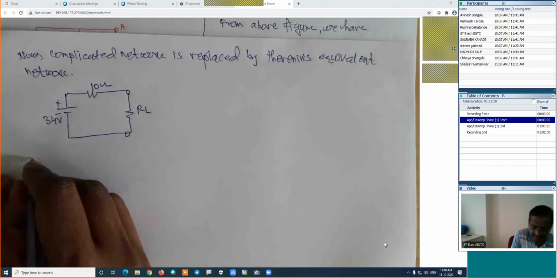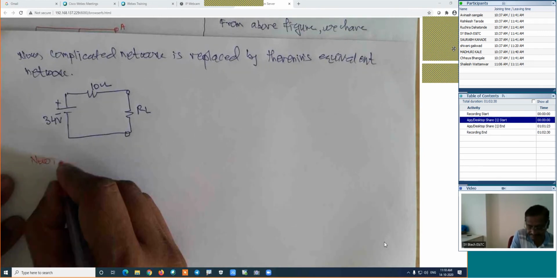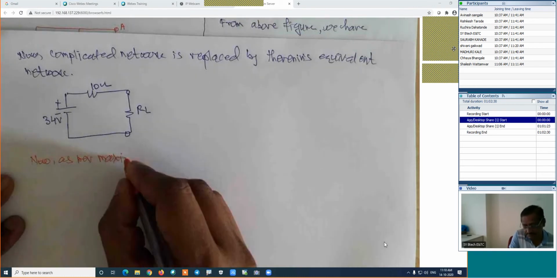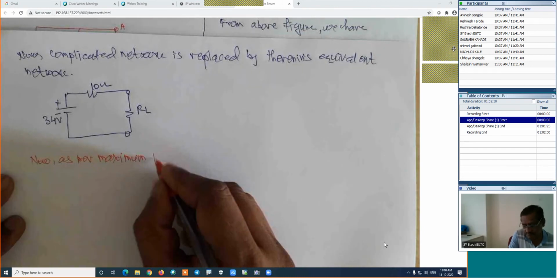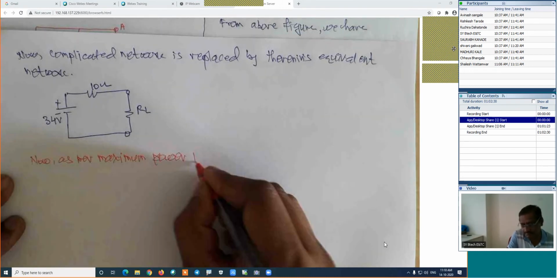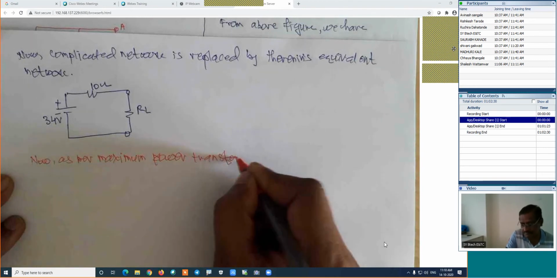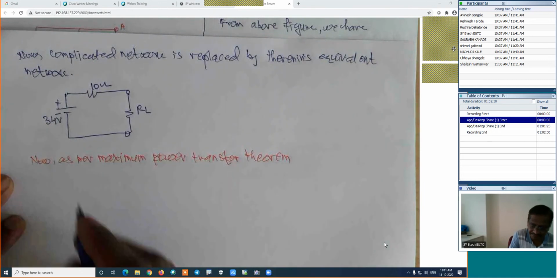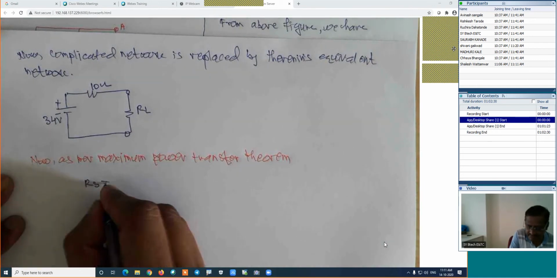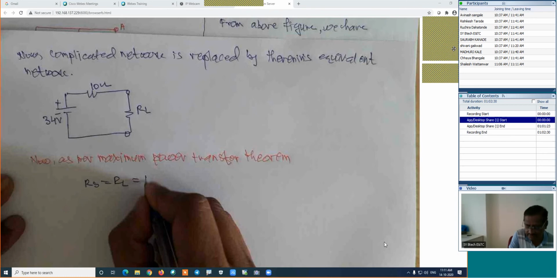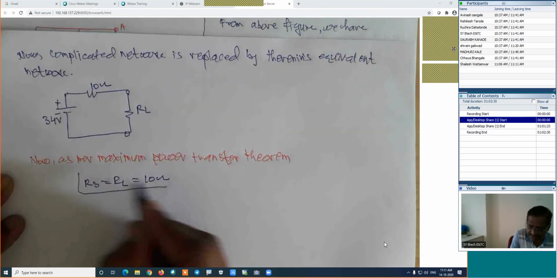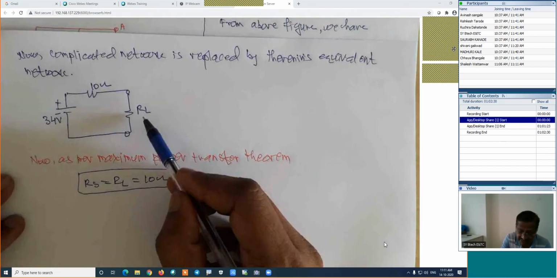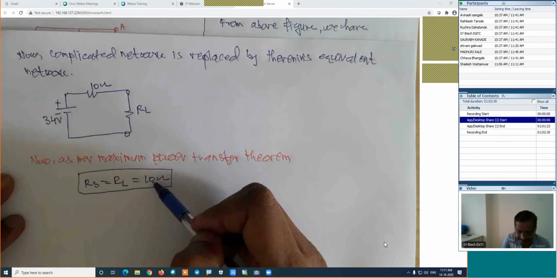As per the maximum power transfer theorem, RS is equal to RL, which is equal to 10 ohm. Now we know the load resistance for maximum power transfer: this load resistance is 10 ohm.